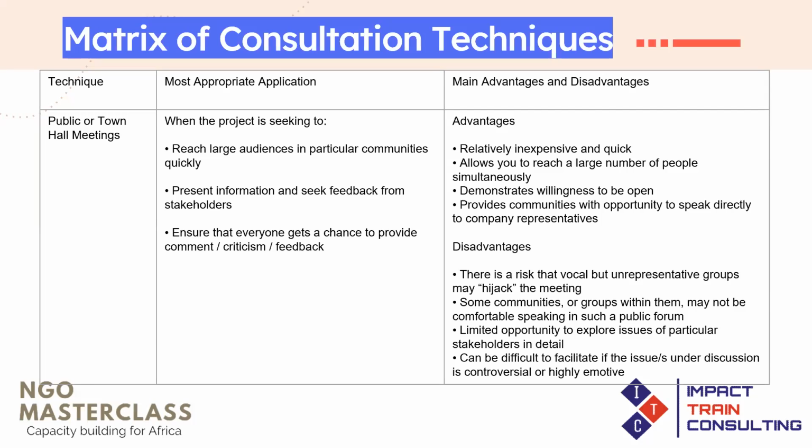So what I'm showing you now are just some techniques you could use. Depending on the resources that you have, you could combine methods. Ideally, when you're collecting data, it's very important that you don't rely on just one method. So in this case, Moses, it's advisable that you think about another technique that you can use to validate the data that you've gotten from that town hall meeting, especially where you feel that it was hijacked and some persons were not given the opportunity to speak.